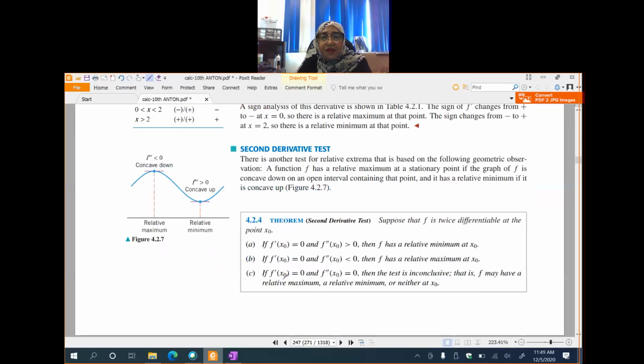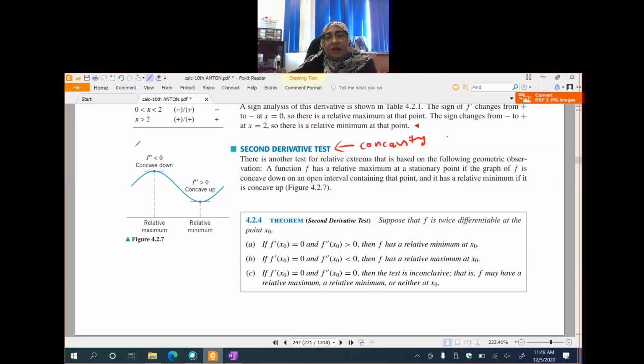For the second derivative test, the second derivative test is always about concavity. When we talk about concavity, normally it also deals with the inflection points, right?